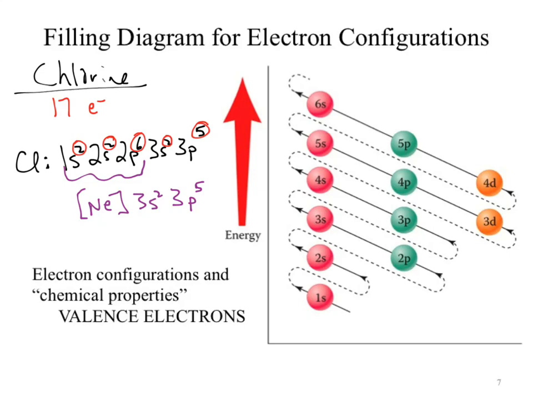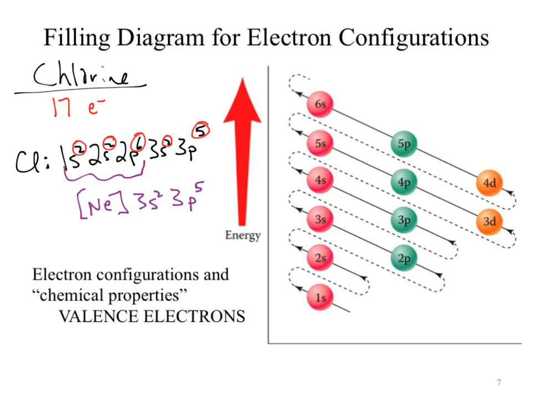We've just added those extra electrons. So how can we decide what element to use for our shortened electron configuration? It's always the noble gas preceding it.